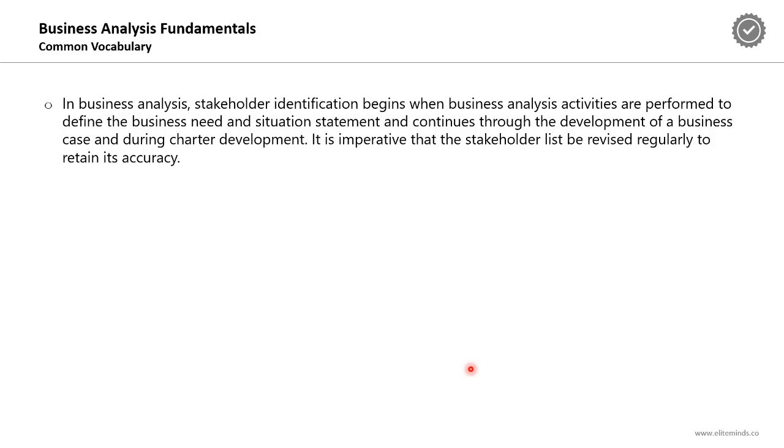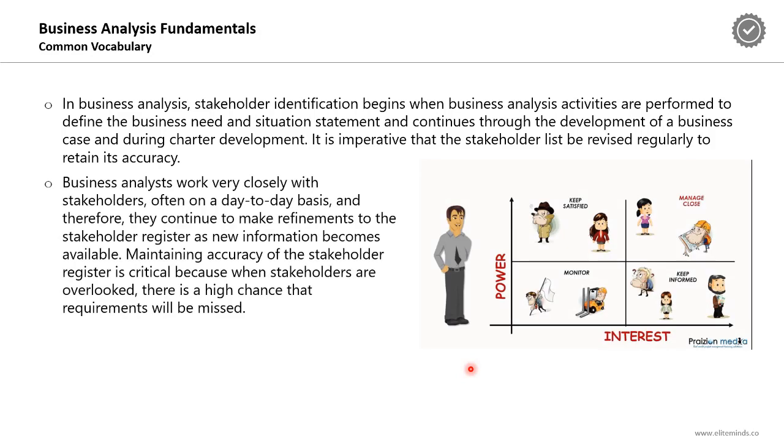It's imperative that the stakeholder list be revised on a regular basis to ensure its accuracy. So stakeholder identification is an important topic in terms of business analysis and in terms of the CAPM exam. Developing the stakeholder register after identifying all the stakeholders in the project is very important, and this list of stakeholders should be maintained up to date, revised on a regular basis throughout the project.